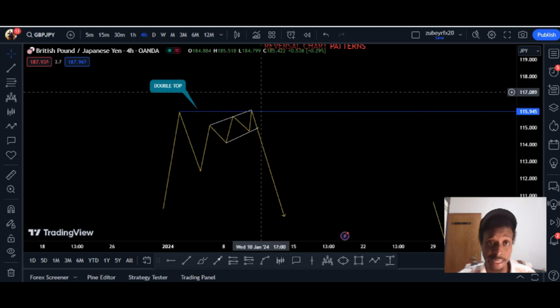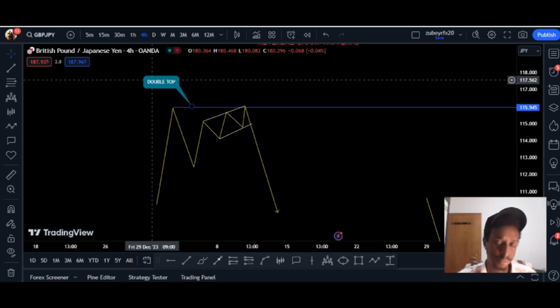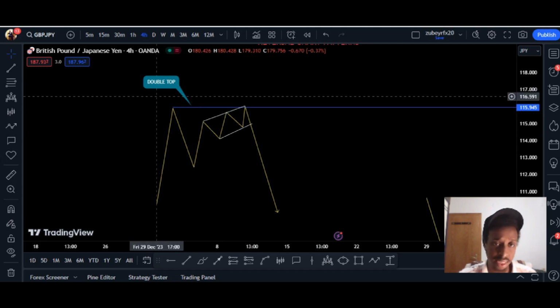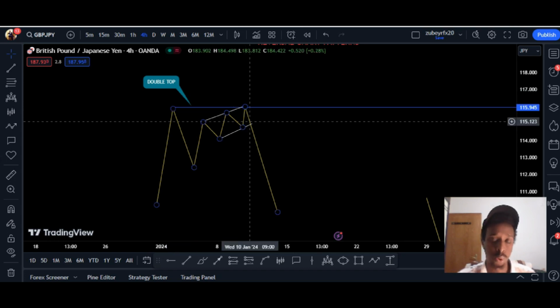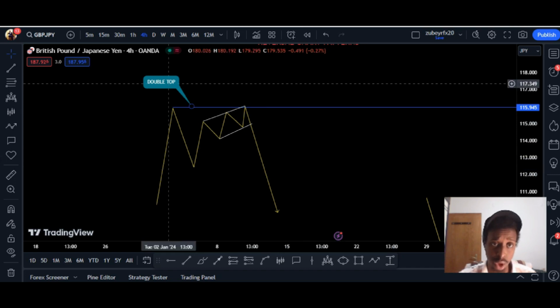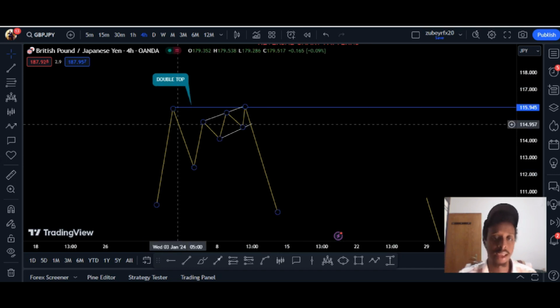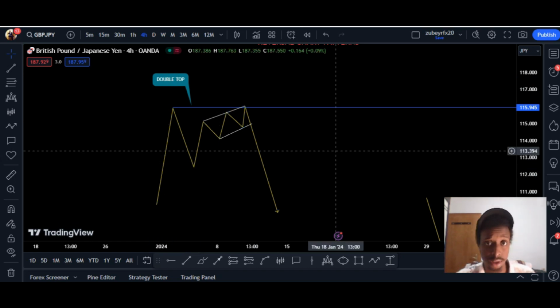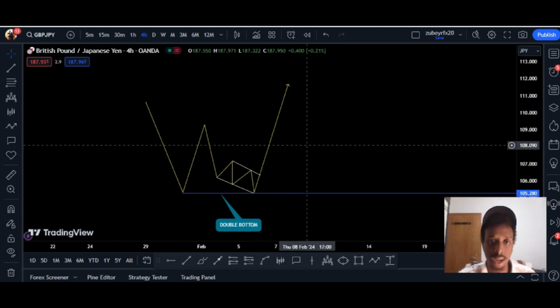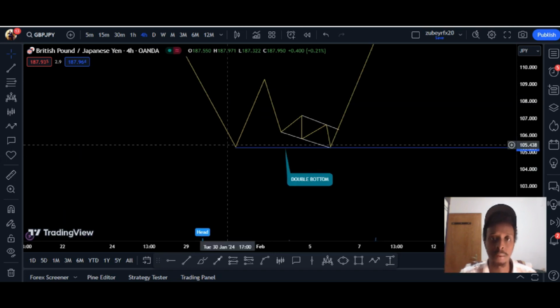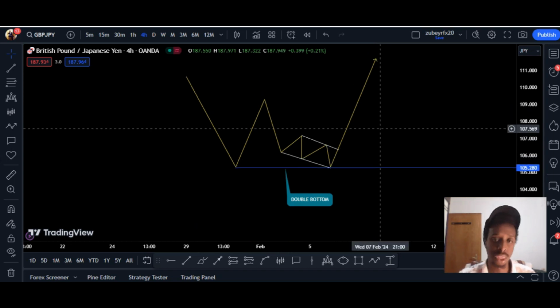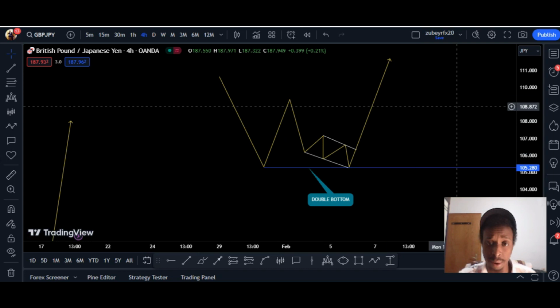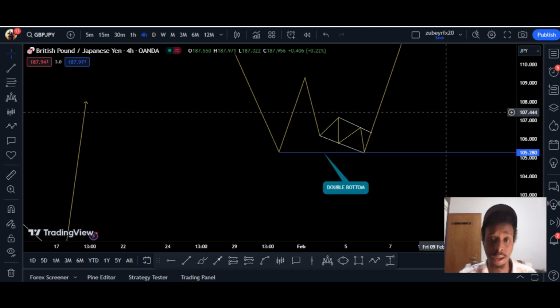If you look at our analysis, a double top looks like this, and here we have a little ascending channel, and then this is where we are selling the market. So a double top is when you are selling the market. This pattern is one of the reversal patterns in the market. The second, opposite one is a double bottom. This one is formed at the bottom, and here we get a descending channel, and then this is how the market moves in an uptrend.